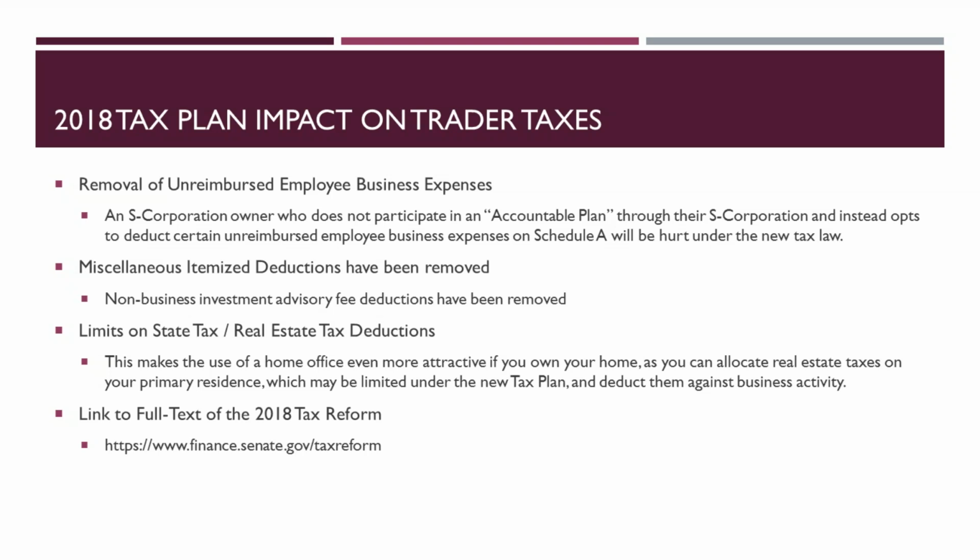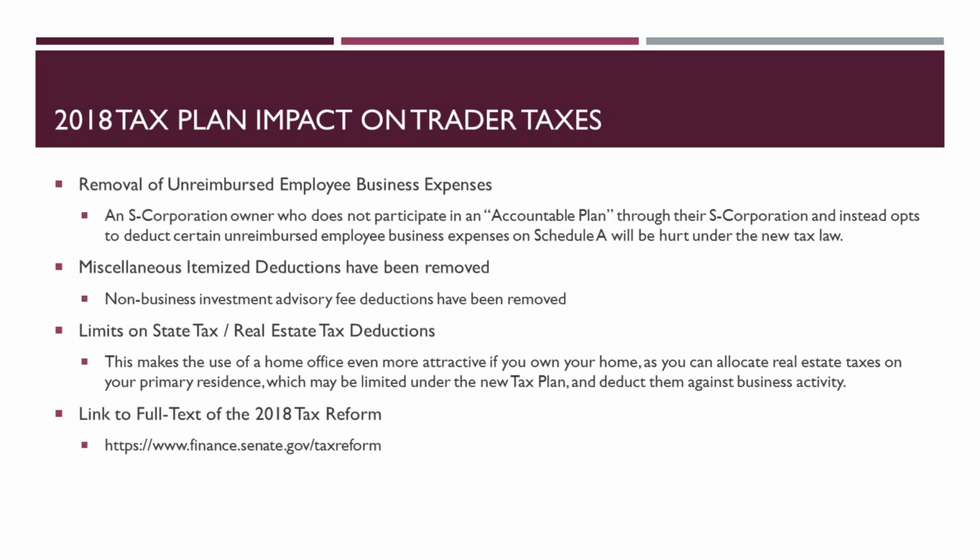Another major change, which I'm sure everyone's heard about, is the limitation on state tax and real estate taxes. So you're now allowed only a $10,000 deduction for real estate or state income taxes, whereas previously it was unlimited.